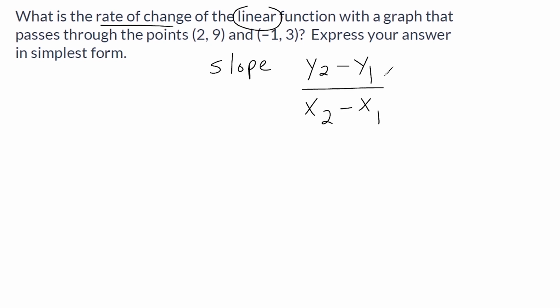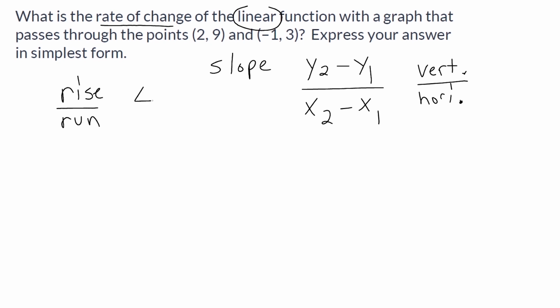Now, some of your teachers may refer to that as the vertical change over the horizontal change, because the y-axis is the vertical axis, which is up and down, and the x-axis is our horizontal line, which moves from left to right. And it is also referred to as the rise over the run.